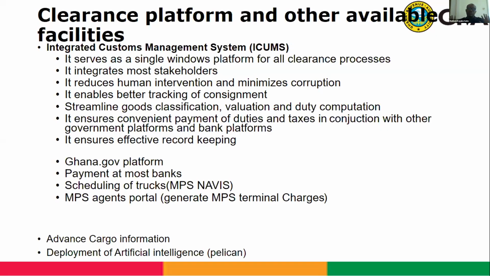Therefore, when you log in and pass your declaration, every agency on the platform gets to know of your declaration, and you can easily apply for any permit, exemption, license, and authorization, so that you don't have to be switching between systems and incurring costs. So ICUMS currently is a single window platform for speedy clearance of goods.